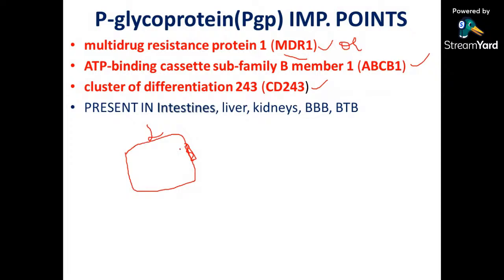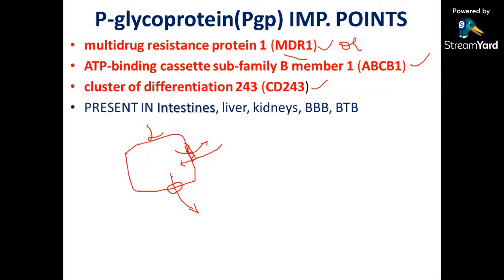Those proteins will sometimes allow the drugs to go out of the cell, and sometimes some proteins will allow the drugs to enter into the cells. Among those proteins, PGP is one protein which will allow some toxins to go out of the cell. Actually, P glycoprotein is a transporter which will efflux the drugs which are present in the cells.